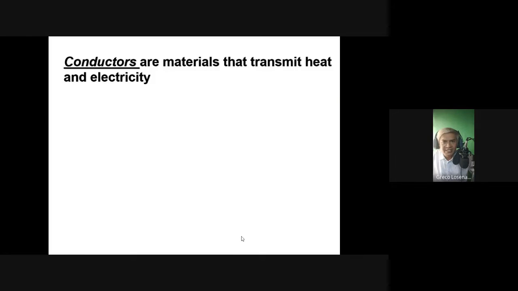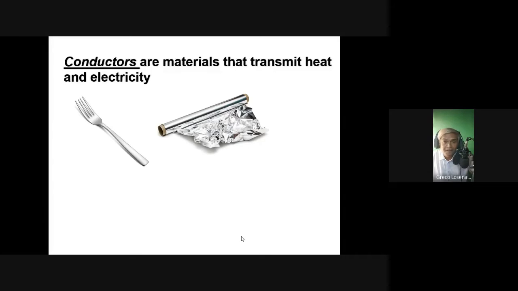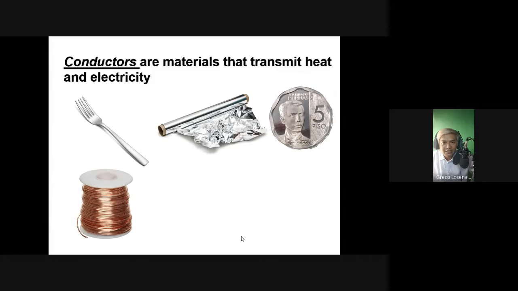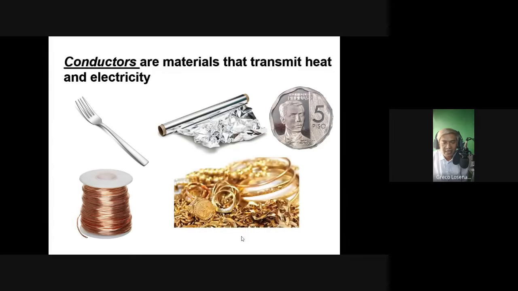Now there are materials that can transmit heat and electricity. We simply call them conductors. Here are some examples of conductors: a fork, aluminum foil, a 5 peso coin, a copper wire, and jewelry made out of gold.